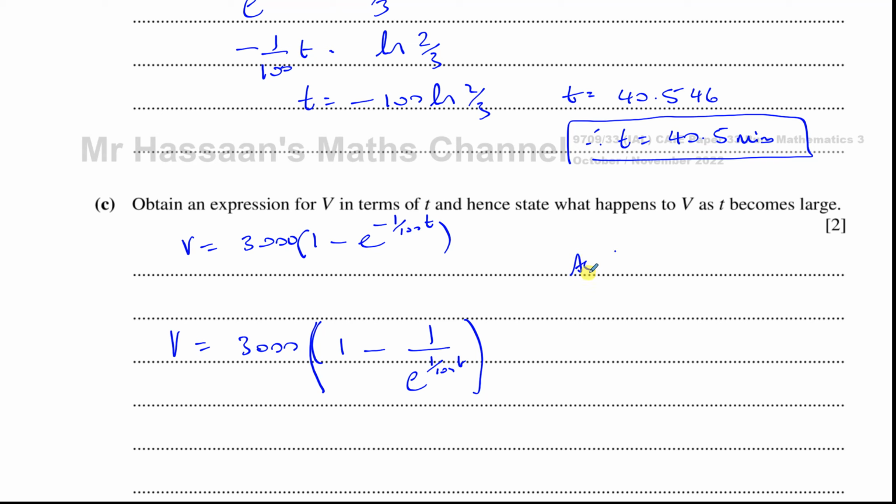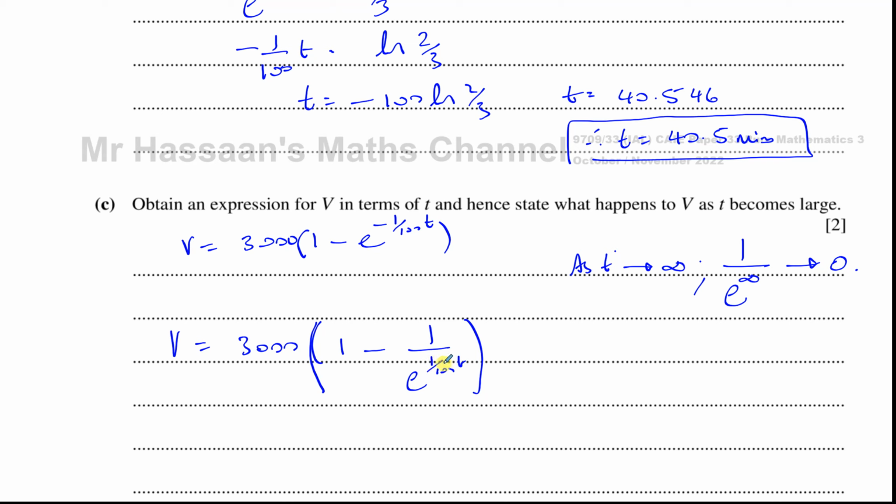As t approaches a very big number, infinity, then you have 1 over e to the power of a very large number. 1 over e to the power of a very large number will approach 0, right?